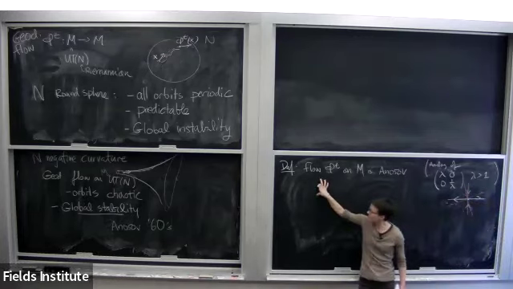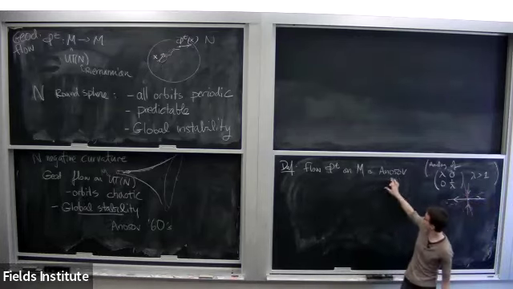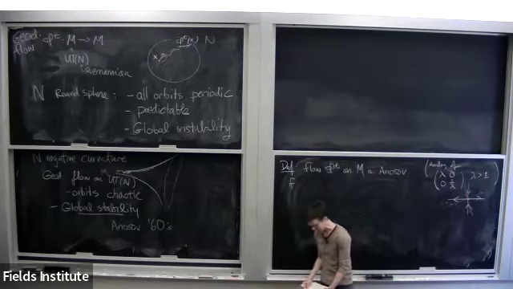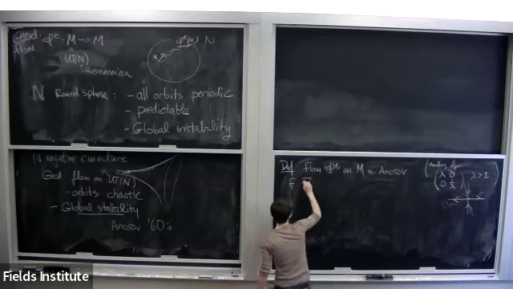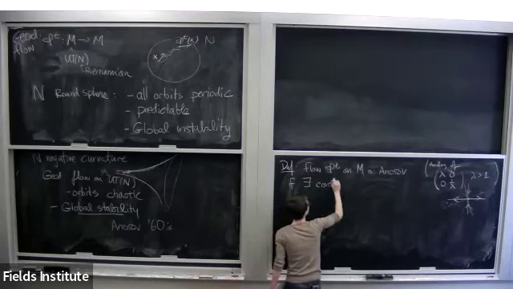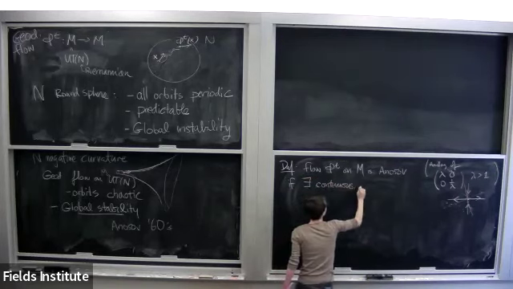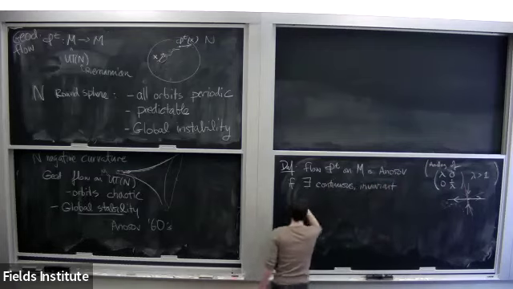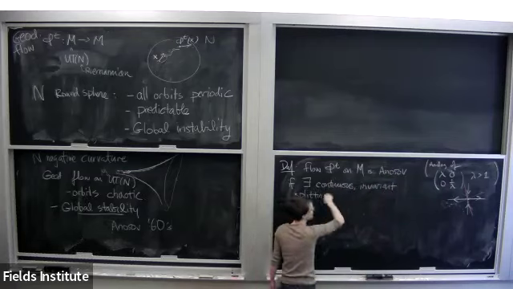Okay, so back to my definition. A flow on a manifold is Anosov if there exists a continuous invariant splitting. So my flow is not a linear map, right?